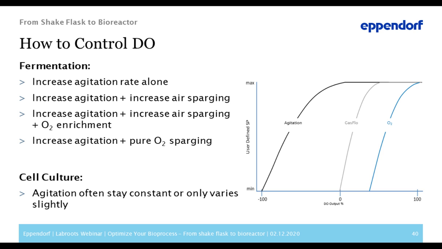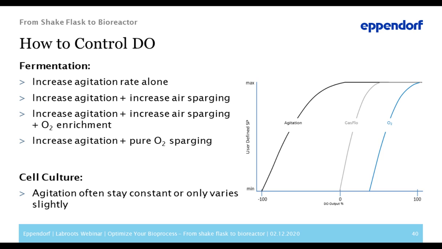The easiest way in a fermentation process is that you start increasing the agitation step by step, the more oxygen you need. The higher the agitation, the better is the oxygen transfer to the medium. But at one point, the agitation reaches its maximum, because either you have a mixer that starts destroying your cells, or the foaming issue will be too much, or there are other reasons.